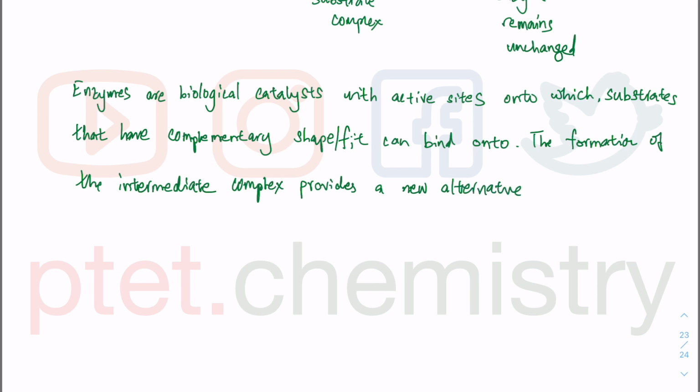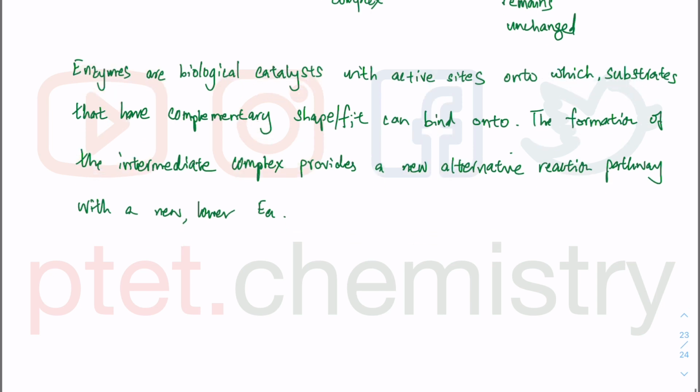And it is this new alternative reaction pathway with a new lower activation energy that gives rise to a greater proportion of effective collisions. So a greater proportion of effective collisions means a faster reaction. That is your classic explanation in AS rate of reaction.